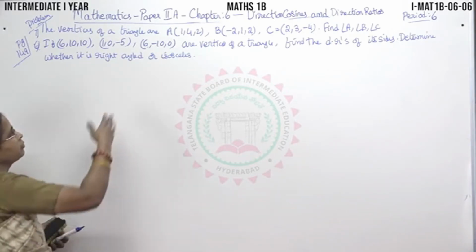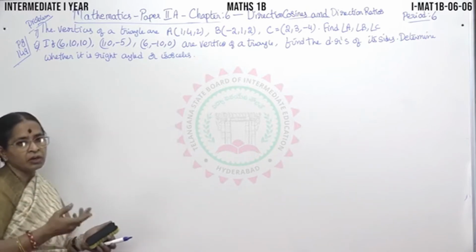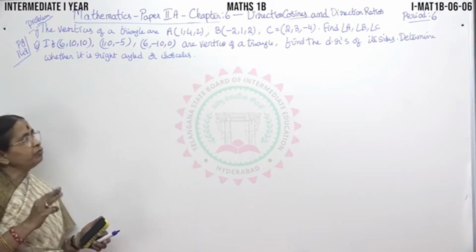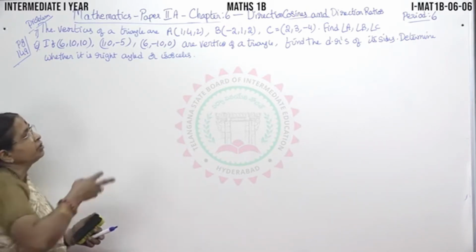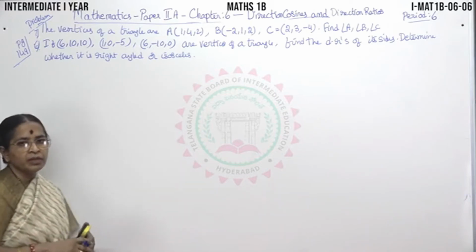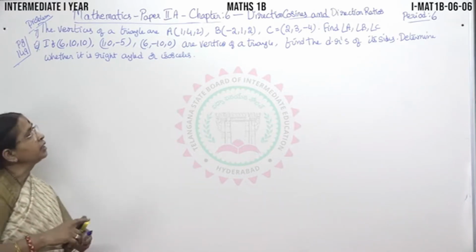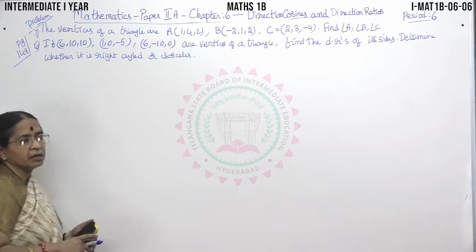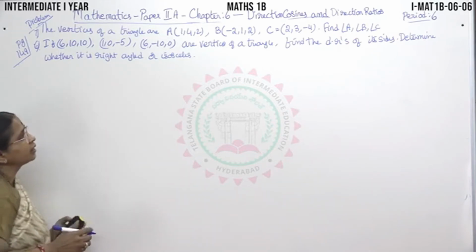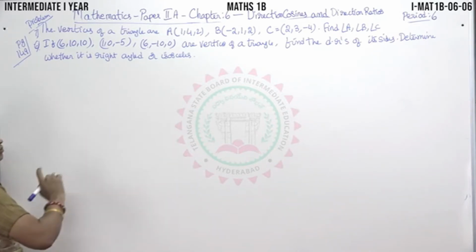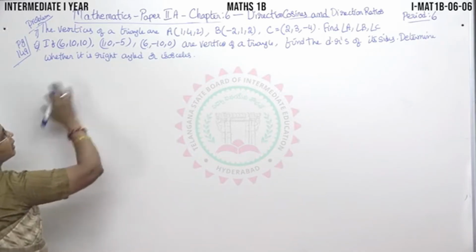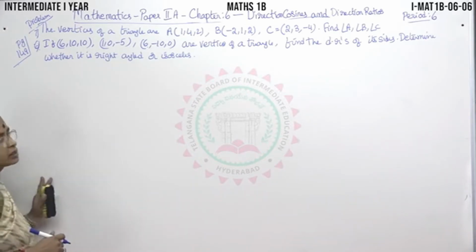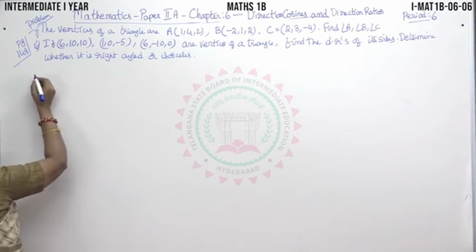So like in the first problem, here also you will find out all the 3 angles. If 2 angles are same, then you will say that it is isosceles. If you get one angle as 90 degrees, you will say that it is right angled. So you can try the second problem and do the first one.